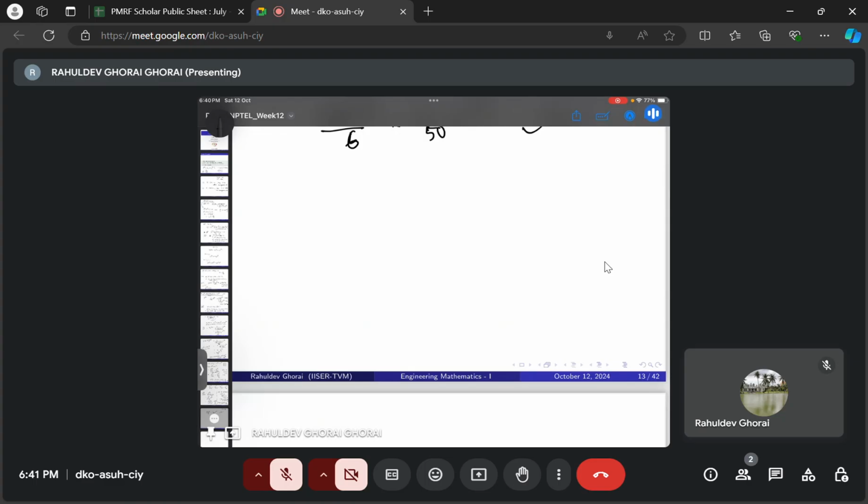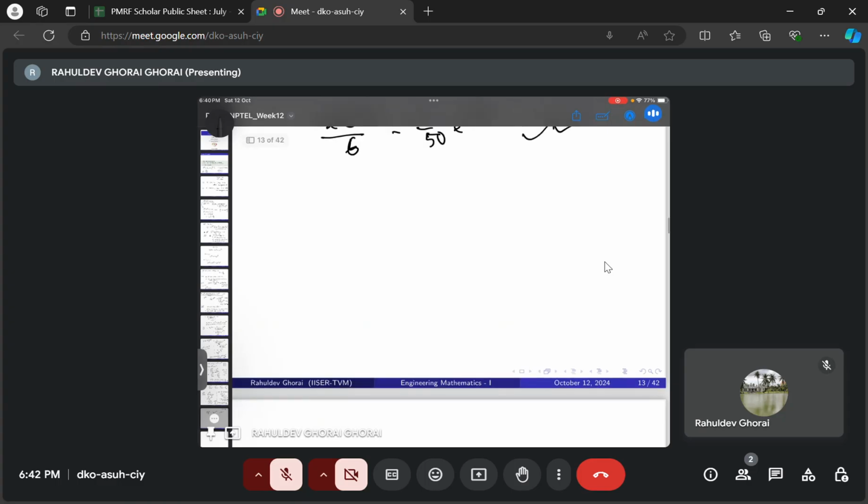Now let's say we want to find the particular integral when the RHS is different. Let's say the RHS is some different function like sin x or cos x.